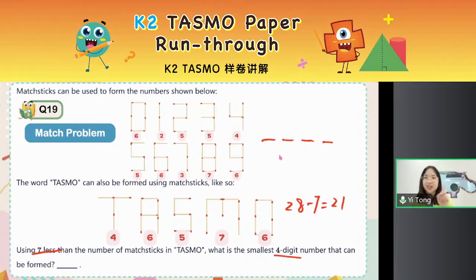It's no, right? So what can we put? The smallest one we can put here is 1. So we put 1. And how many did we use? We used 2 sticks. And how about the second place?